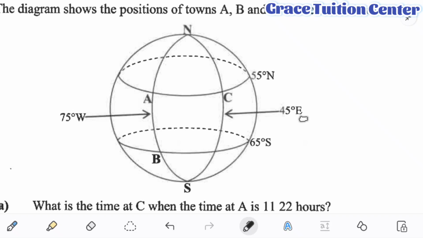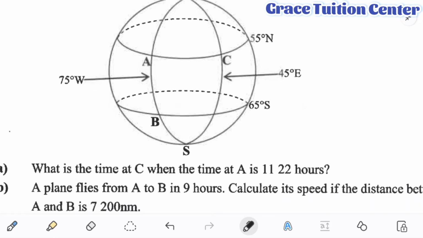Pay attention to the direction. Then at A, the time is 11:22, and we can clearly see that A is on longitude 75 degrees west. So if you look at these two directions here, our compass, it shows that the other longitude is in the west and the other is in the east.